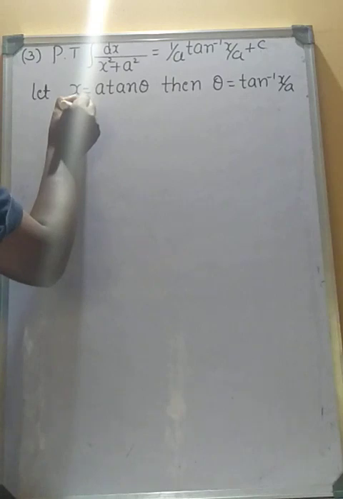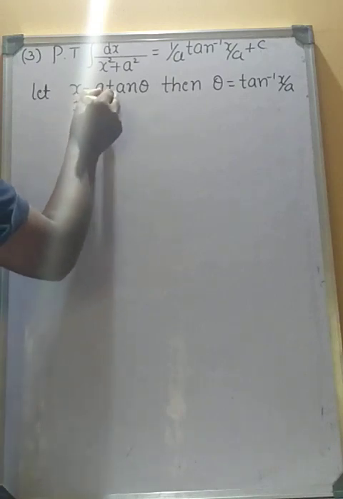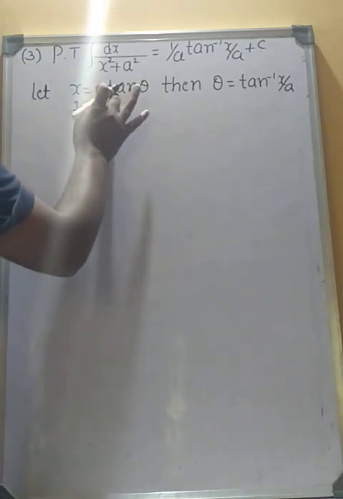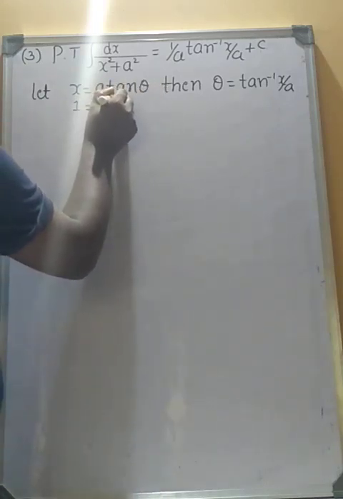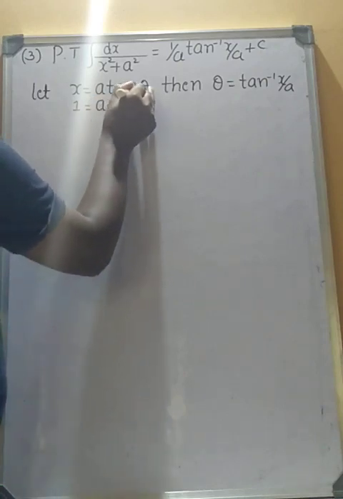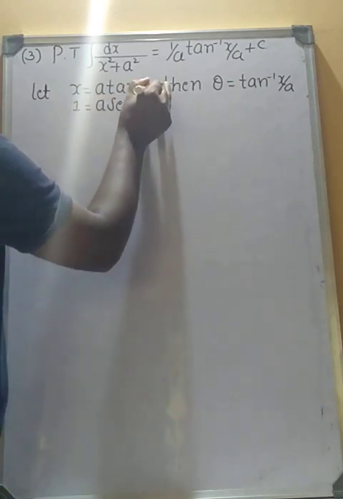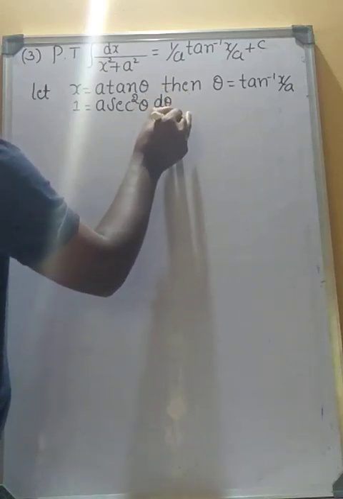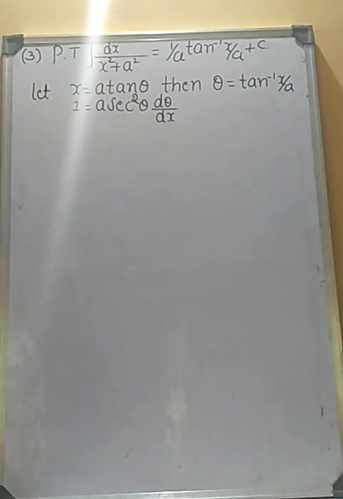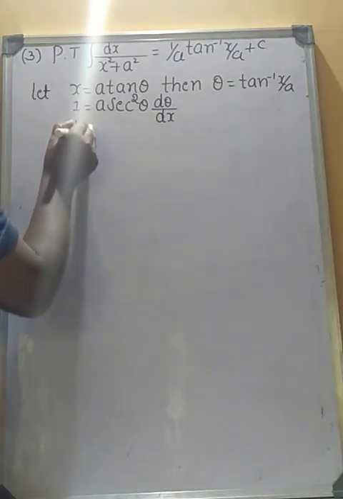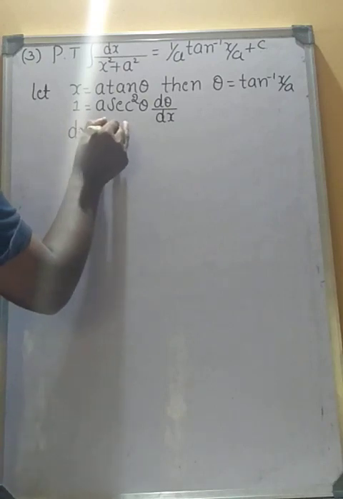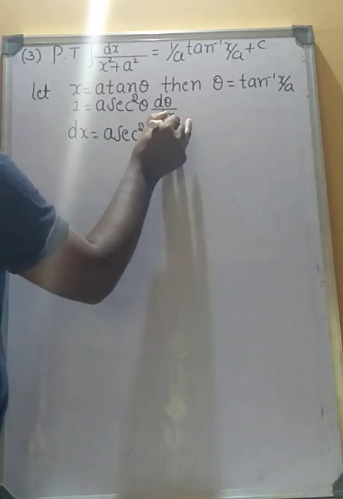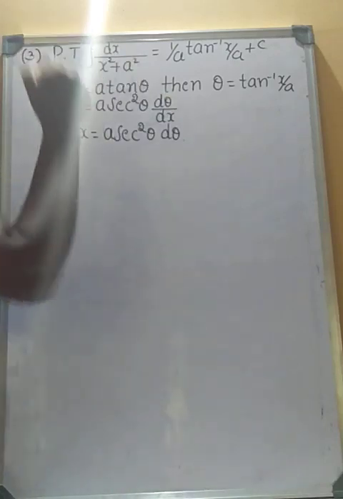D by dx of x is 1 equals a, a is a constant or scalar multiple, d by dx of tan theta is secant square theta into d theta by dx. Therefore dx is equal to a secant square theta into d theta.